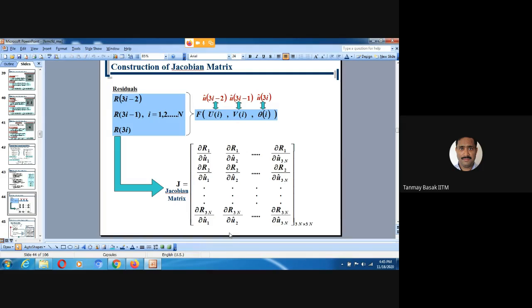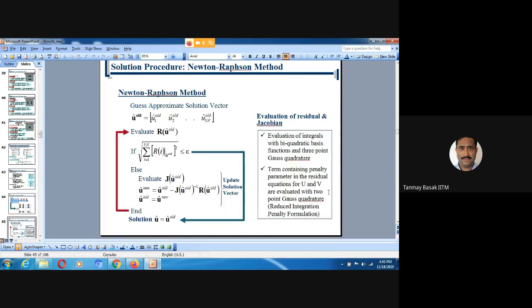In this fashion, as I said, this will have only small u, and small u consists of the velocity x component, y component, and temperature, and you solve as an overall global matrix. You do the Newton-Raphson method, as I discussed, with the approximate solution vector, and then do the residual calculation and do the update.